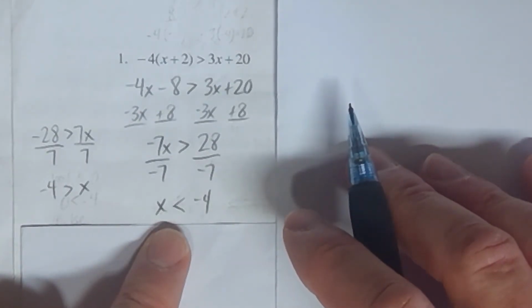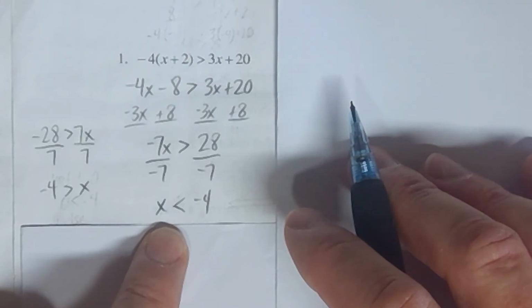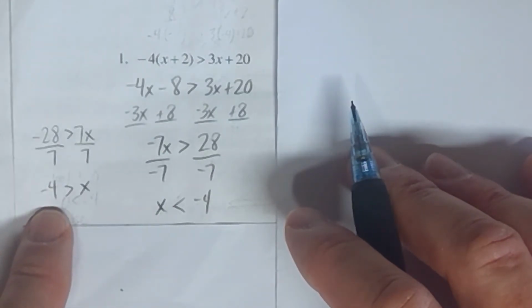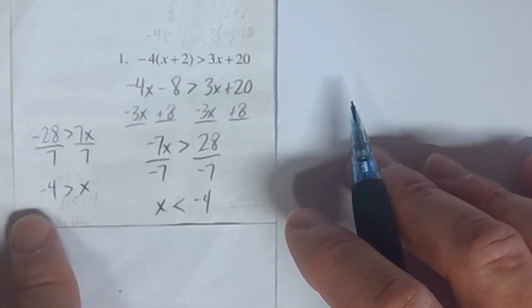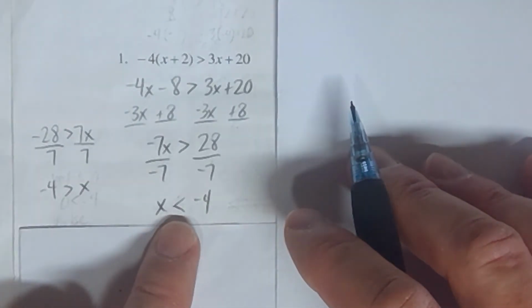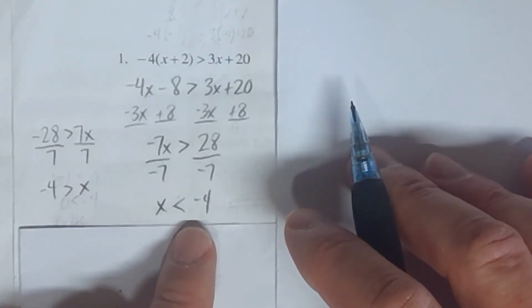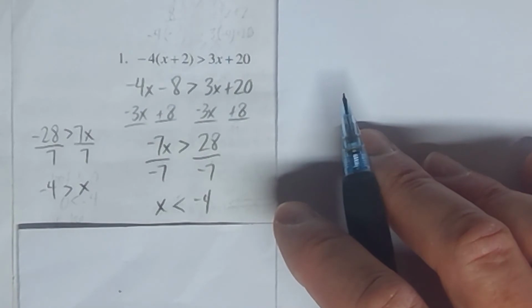And let me tell you why it's the same. This is important here. If you have the same variable by itself and you have the same number on the other side of where the variable is, and we do, -4 and -4, as long as the alligator is eating the same thing in both of these statements, then both of the statements are equivalent to each other. They are the same.